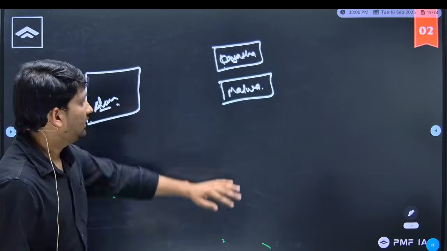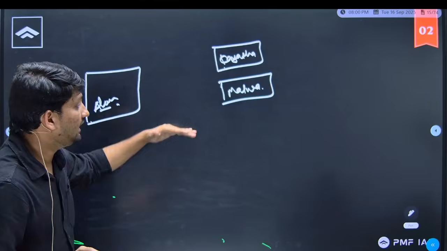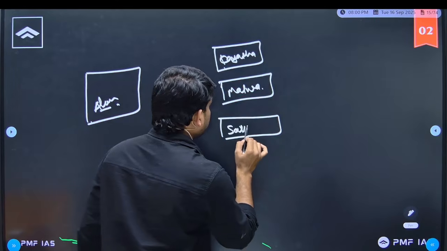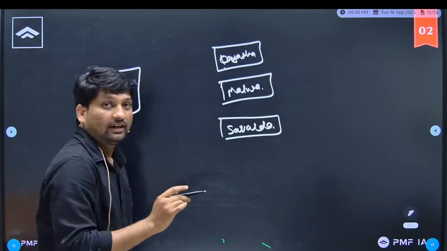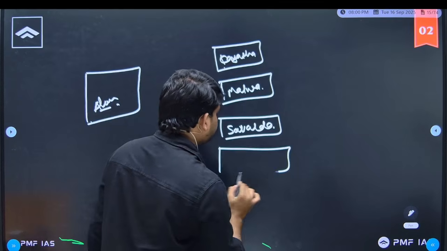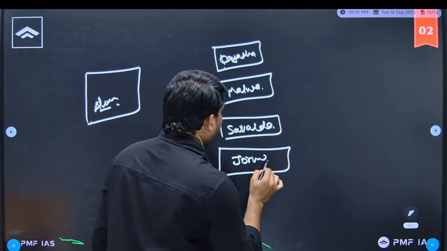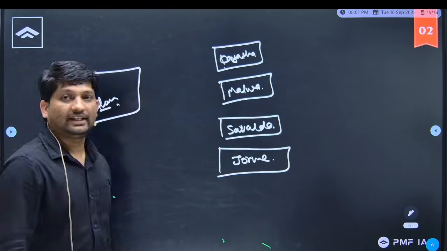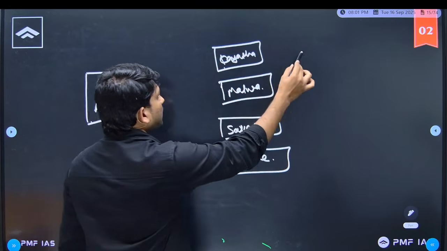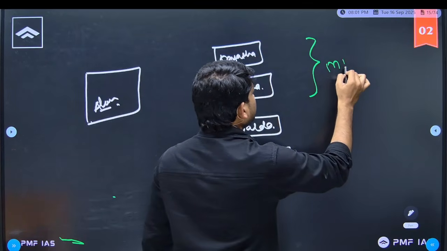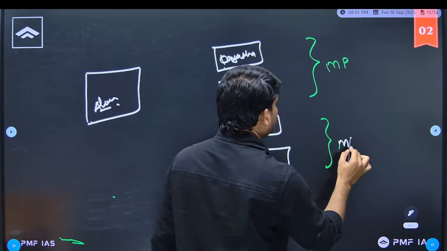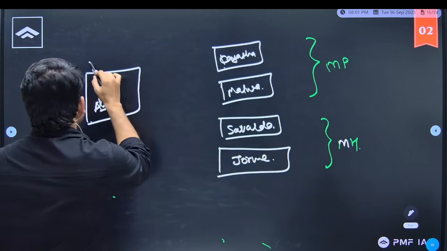In the south, that is in Maharashtra, we have the Savalda culture. Next we have the Jorwe culture. Any confusion for anyone? So this is part of Madhya Pradesh, this is part of Maharashtra, and this is part of Rajasthan.